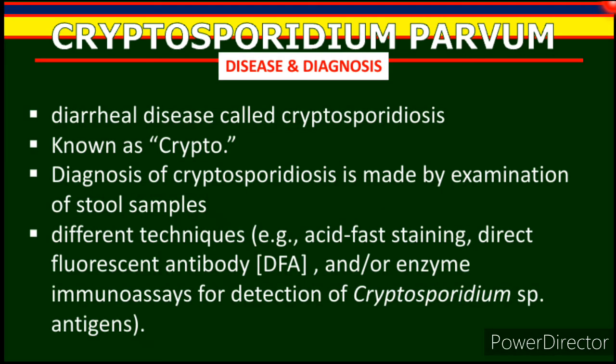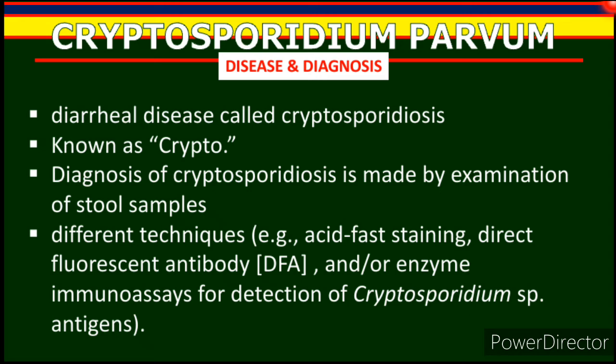For disease and diagnosis, this microscopic parasite causes a diarrheal disease called cryptosporidiosis, commonly known as crypto. Crypto can affect all people. Some groups are likely to develop more serious illness. For people with weakened immune systems, symptoms can be severe and could lead to life-threatening illness.